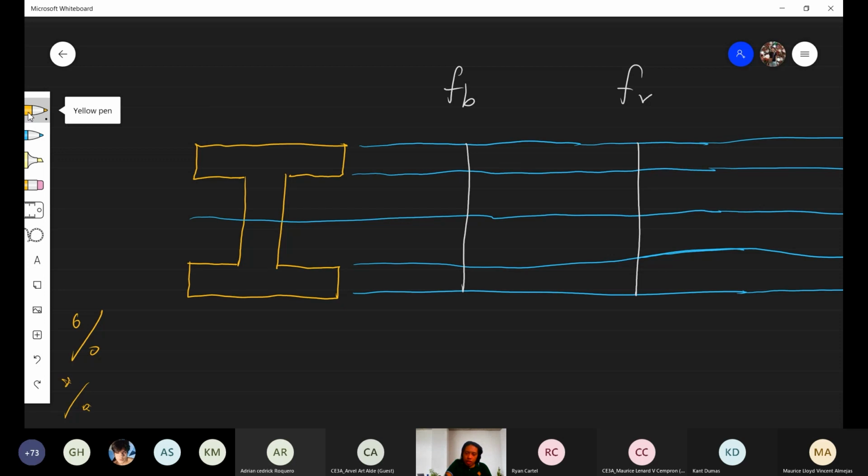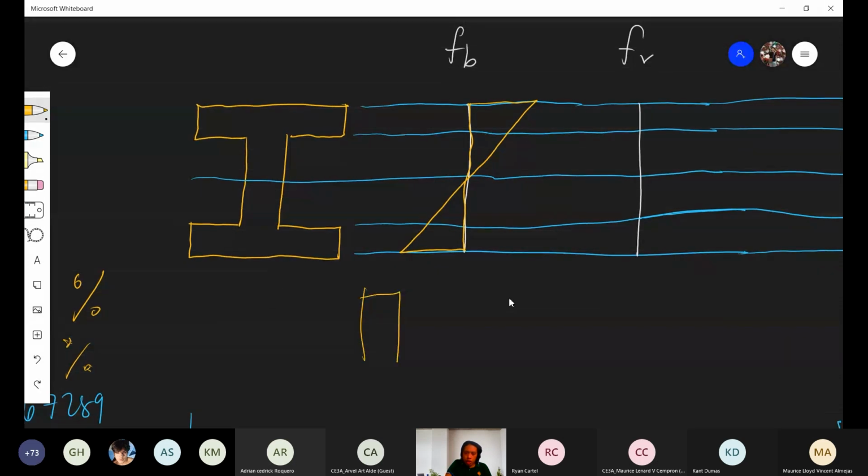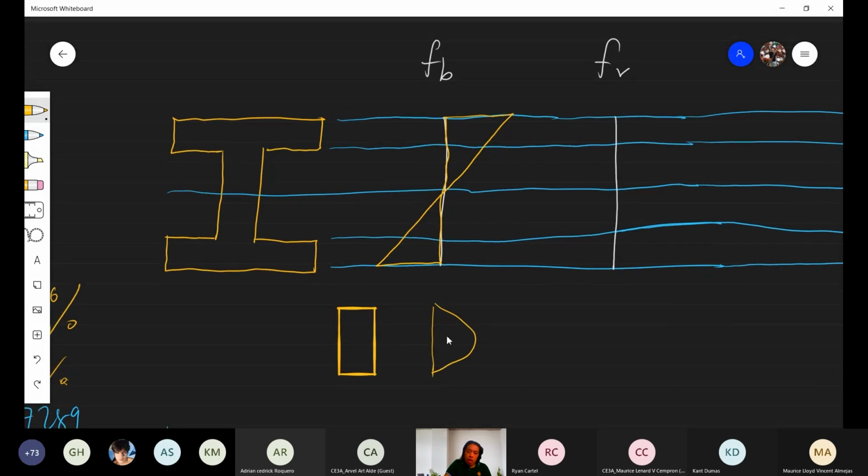We have seen the shear diagram, FV, and the bending diagram. For a rectangle, the FV diagram looks like a parabola, with a maximum at the centroid or neutral axis and zero at the outermost fiber.